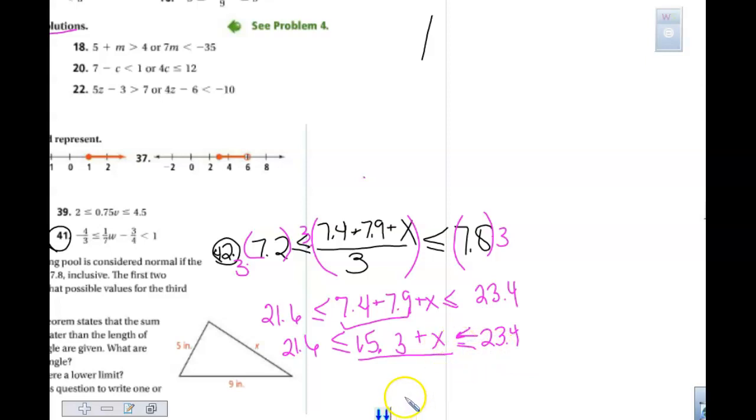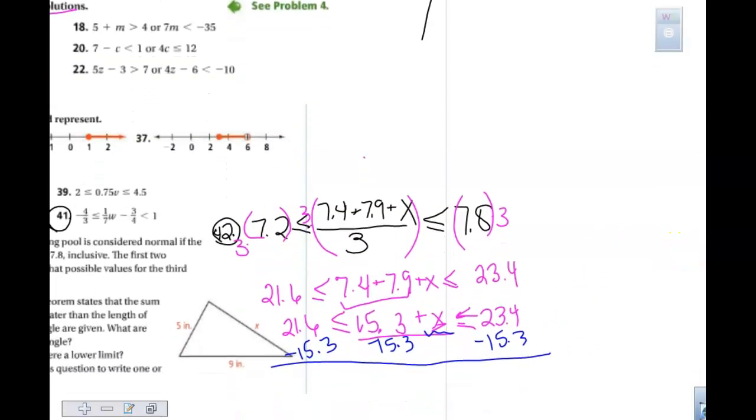And at this point, it's a lot easier to solve, right? How do I get the x by itself? If I want to get x by itself, I'm going to subtract 15.3, 15.3. I just have to do it in 3 spots, right? Because it's a compound problem. There's not just 2 sides of an equation, there's kind of 3 sides. All right, so that's how you're finishing that one.